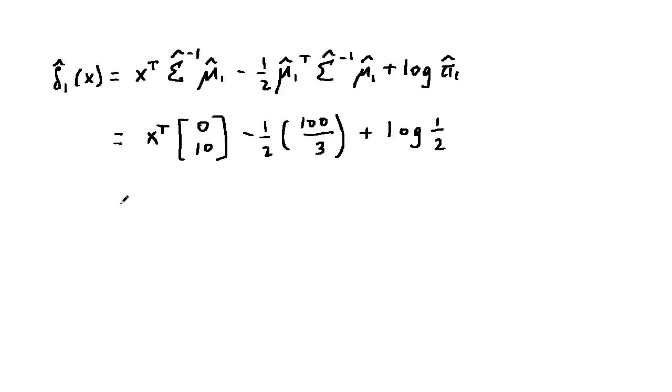Now let's write this in terms of the components of x. So that's 0 x1 plus 10 x2. Simplify this. This is what we get for delta 1 hat of x.